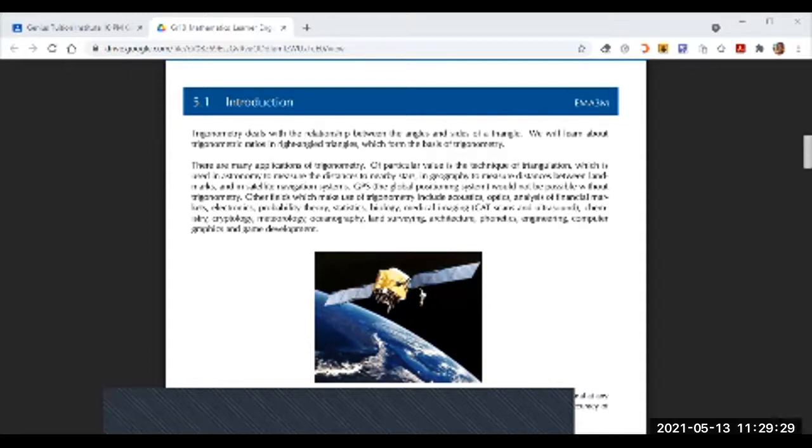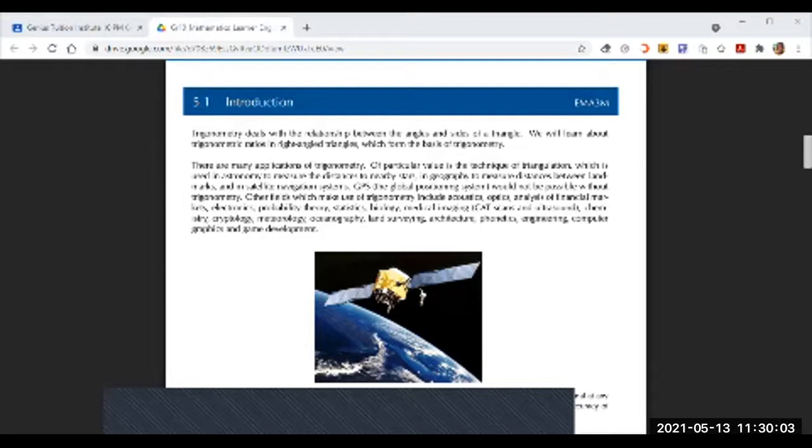Now, there are many applications of trigonometry. Of particular value is the technique of triangulation, which is used in astronomy to measure the distance to nearby stars.